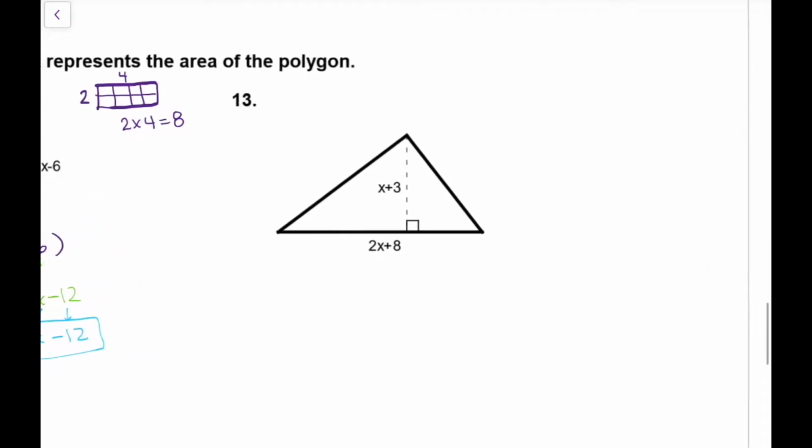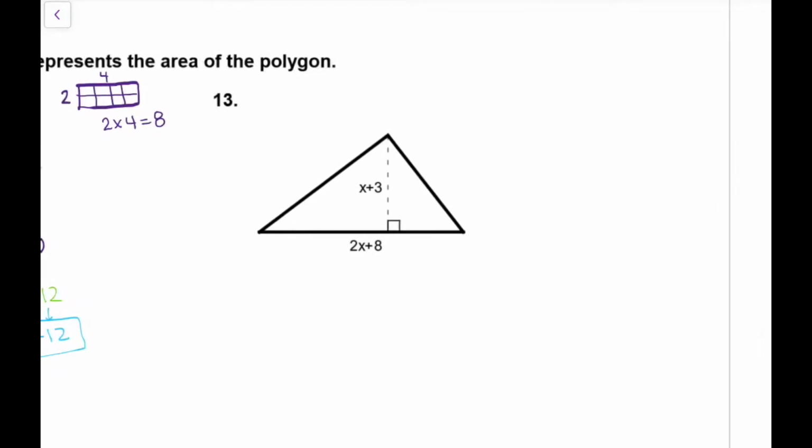The area of a triangle is a little bit different than a square or a rectangle. We are taking a triangle. If you take a rectangle and cut it in half, that would give you the shape of a triangle. So the area of a triangle is 1/2 the base times the height.